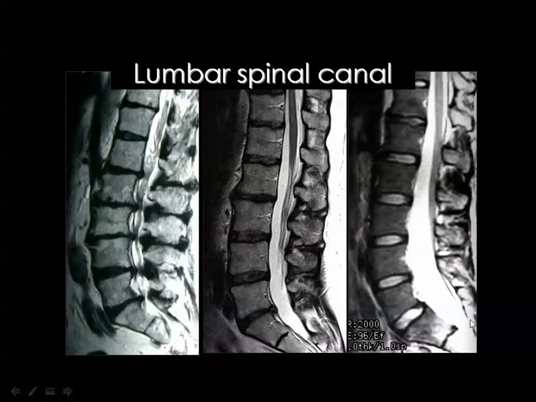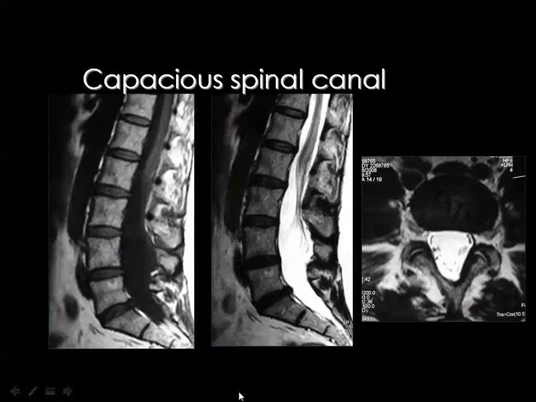This type of the spinal canal is what we call the capacious spinal canal, where the anteroposterior diameter is 2 centimeters or more. And you remember, this type of the canal is one of the causes of low back pain, because of the ectasia of the thecal sac, which is not adequately supported by bone.